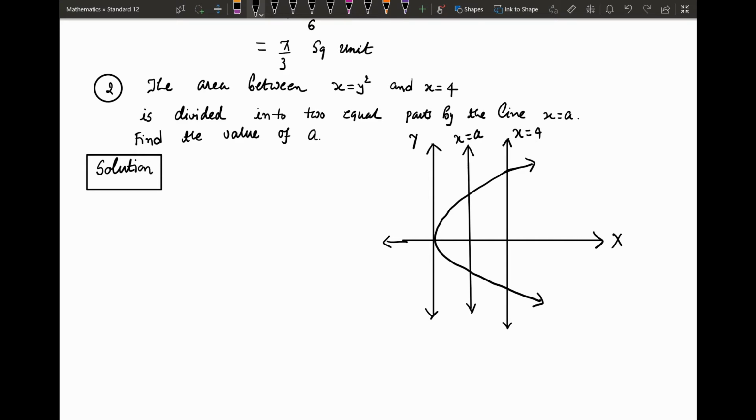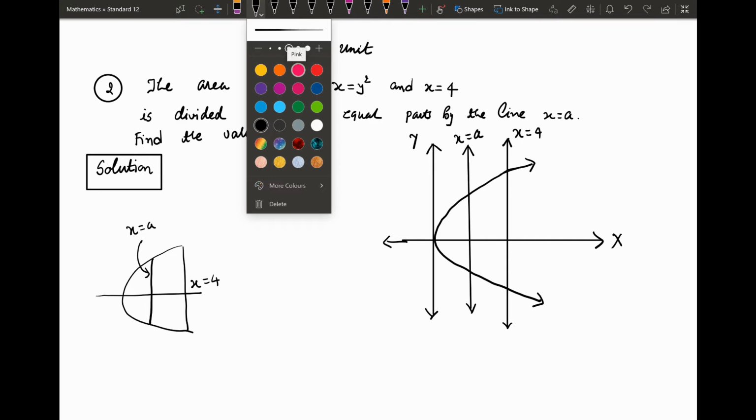Now again, the area between x equal to y square and x equal to 4, this is x equal to 4. Now this is x equal to a, and you can observe the curve is symmetric about the x axis.